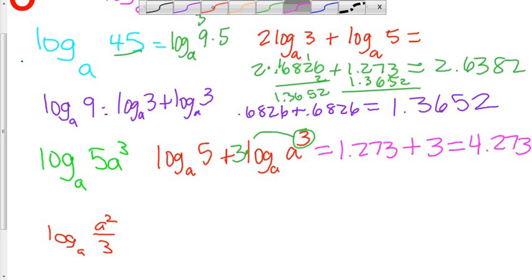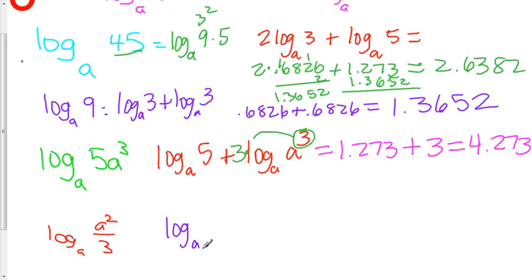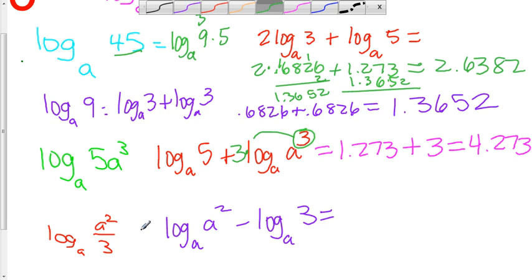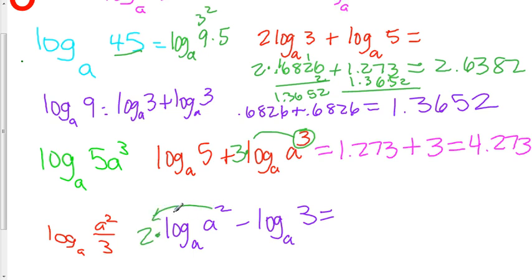Last example of this type would be log of a squared divided by 3. So that would be saying log a of a squared minus log a of 3. And log a squared is the same as 2 times log a, and log a is 1, so 2 times 1 is 2, minus, and we know log base A of 3 is 0.6826.